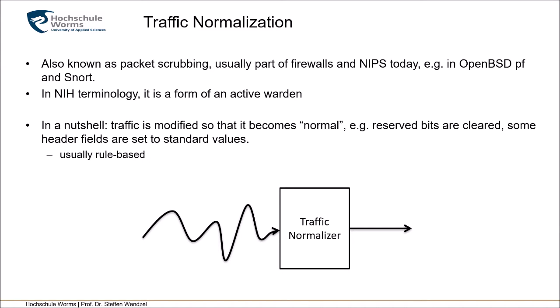Or inter-arrival times could be unified by caching and then delaying packets. So that's how it can work, and it's usually rule-based. So you have to write down rules for the warden so that the warden or traffic normalizer knows how to react to these packets and how to modify the packets.